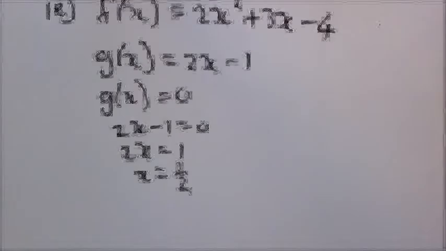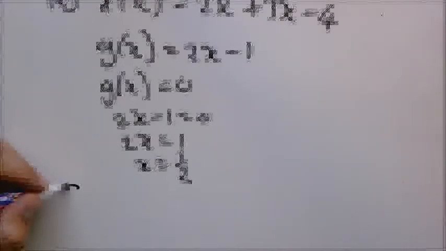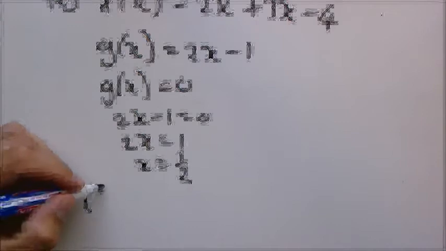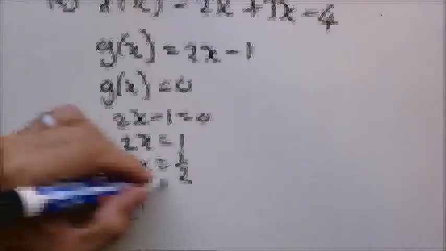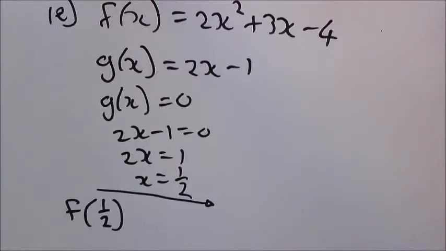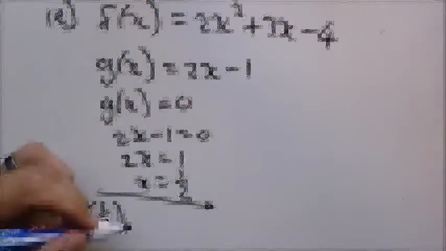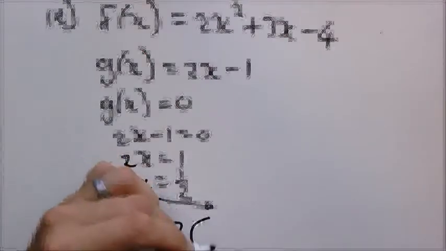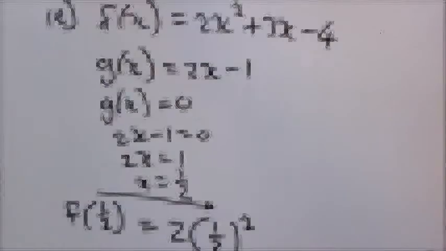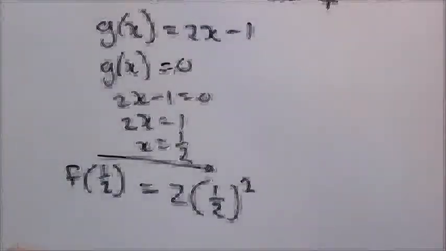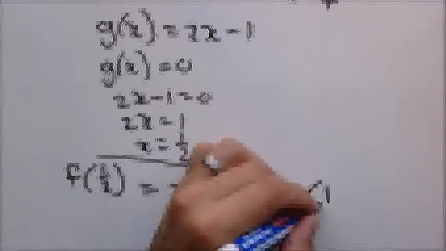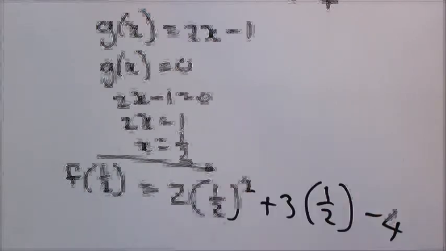Now in f(x), we just substitute in x's place a half. So 2 times a half squared plus 3 times a half minus 4.